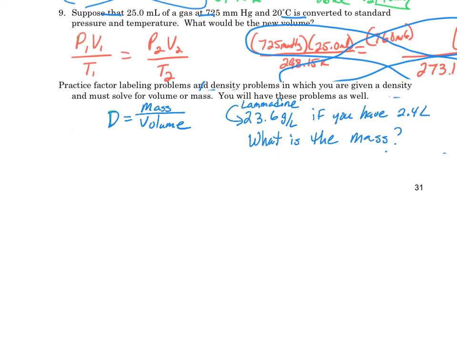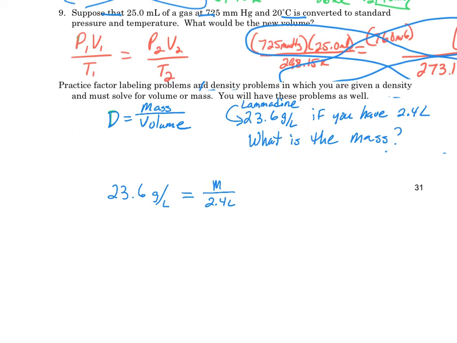So I'm going to substitute the numbers in. The density is 23.6 grams per liter. If I have 2.4 liters, what is the mass? So in order to do this, I'm going to cross multiply and divide.